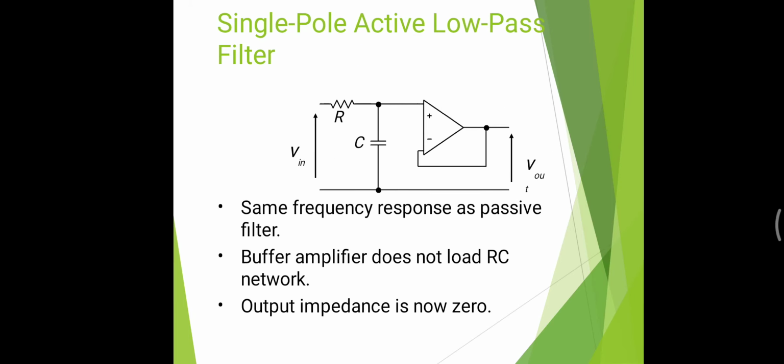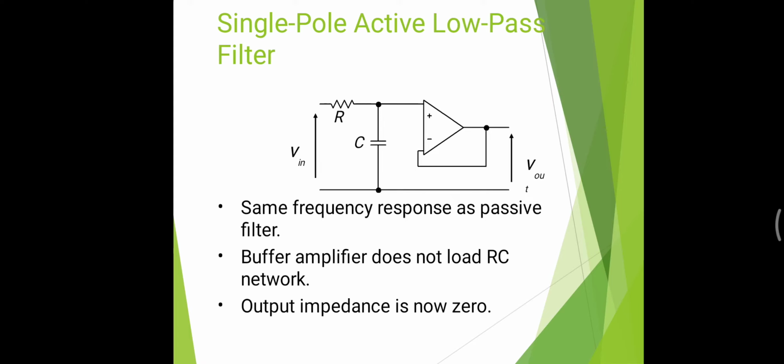Now coming to the types of filters, that is the low pass filter with a single pole active low pass filter. In this we use one op amp, the input is given to the non-inverting terminal and the feedback output is given to the inverting terminal, and with this op amp we connect a resistor and capacitor to keep some load.